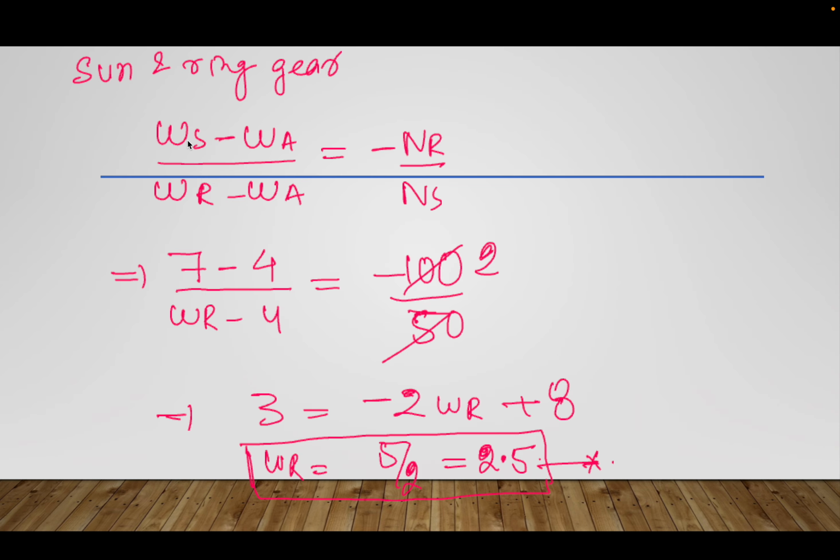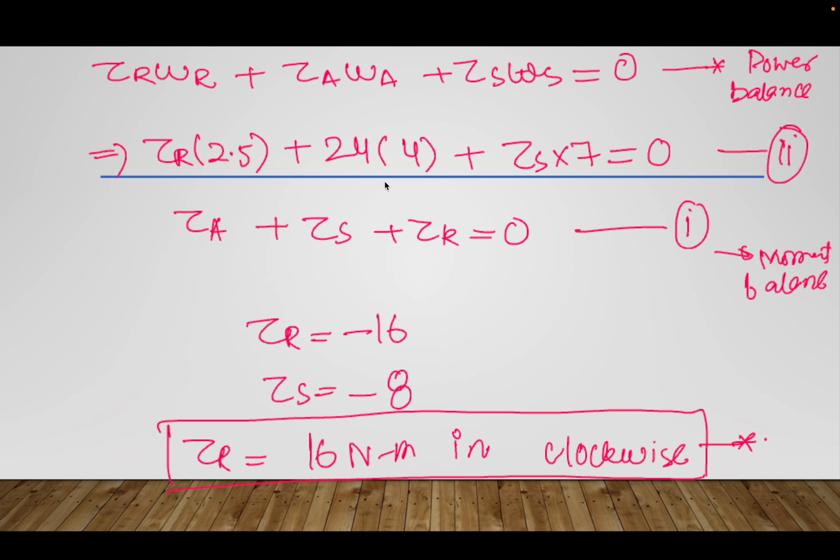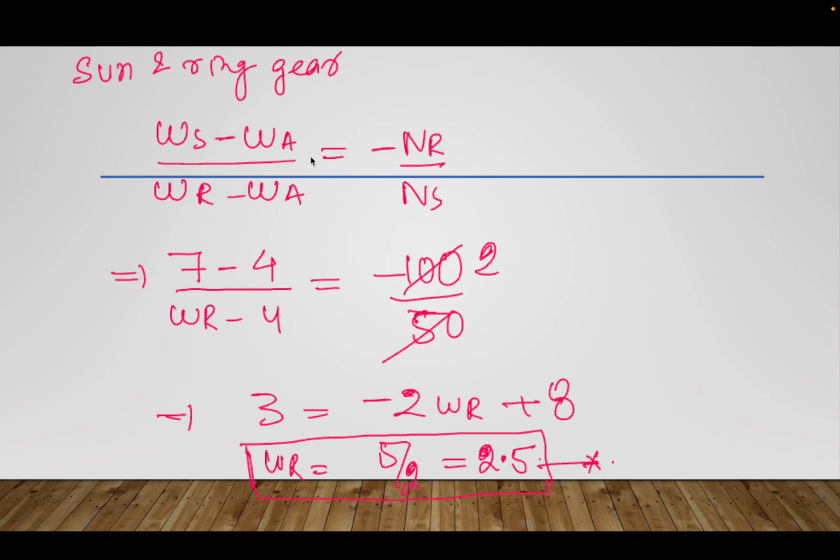For the sun and ring gear, omega s minus omega a upon omega r minus omega a is equal to minus nr upon ns, in which omega a is already given to us as 4 in the counterclockwise direction, omega s is also given, and the number of teeth are also given.